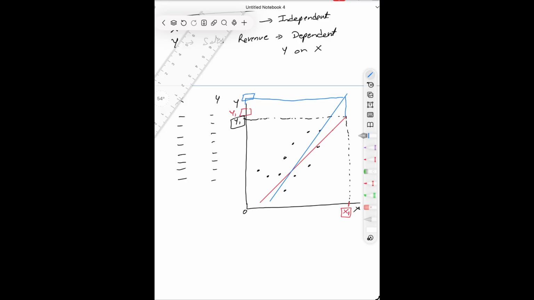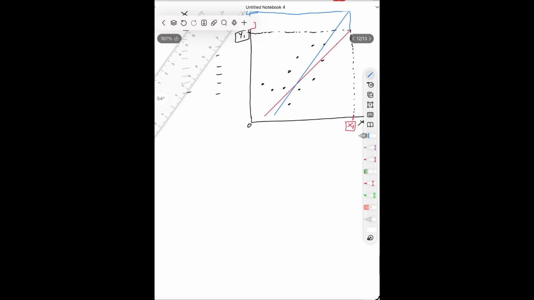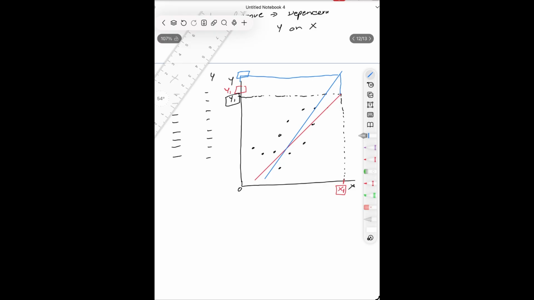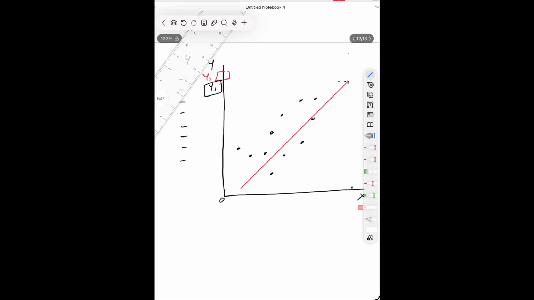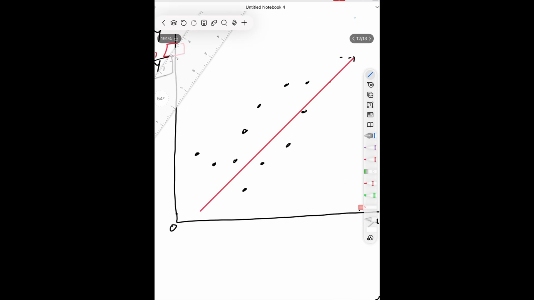So what we will do, let me just first remove this line. We will try to have the difference between the line and the actual value in the past. This difference should be minimum.